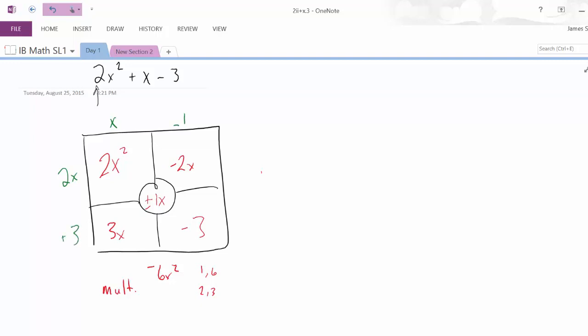So these things on the outside, if we look back at how we use this box method to expand, those things on the outside are our factors. So we have just finished factoring this quadratic, and it's x minus 1 times 2x plus 3.